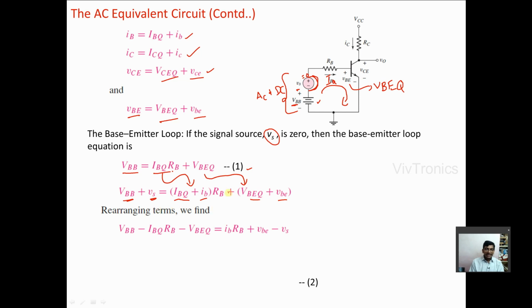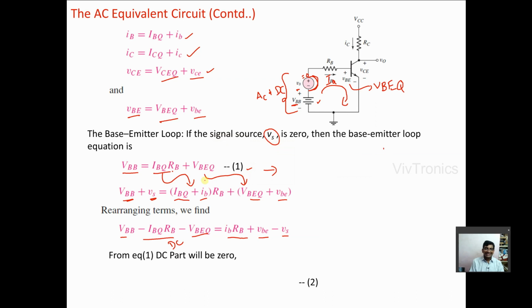We rearrange these terms, keeping the AC components on one side and the DC components on the other. Here VBB minus IBQ RB minus VBEQ, these are all DC terms, equal to ib RB plus vbe minus Vs after rearranging. From equation number 1, VBB is equal to IBQ RB plus VBEQ.